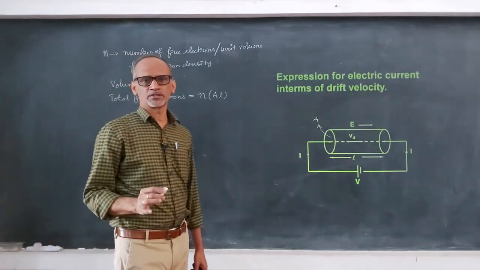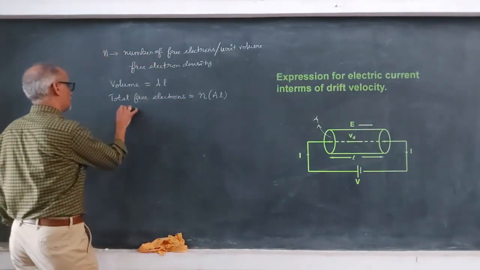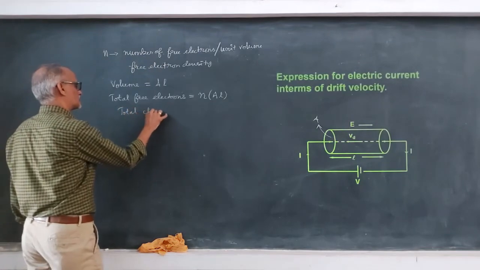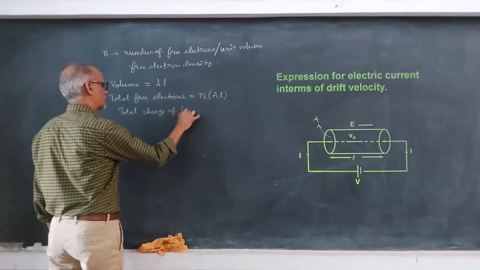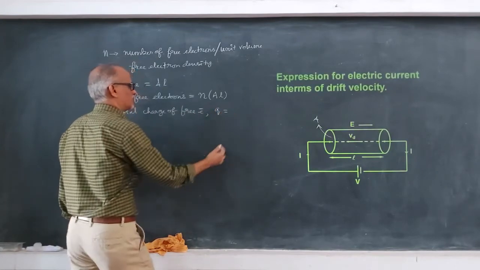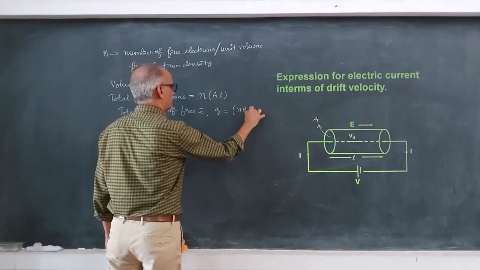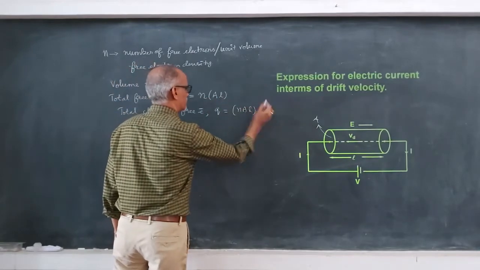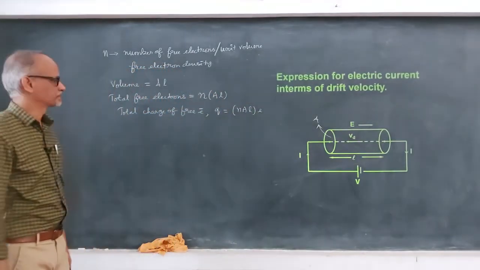If e is the charge of every electron, then the total charge of free electrons, which I am going to call Q, is nALe. So, that is the total charge.